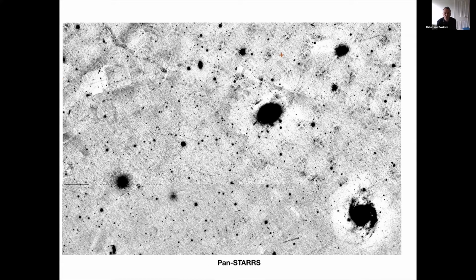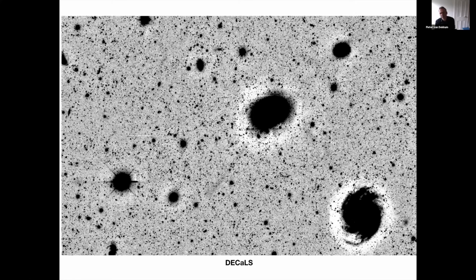It's meant to be good for point sources, but it shows you the difficulty with small detectors, right? To image a large area of the sky. This is about 1 degree on the side, and because you get this patching effect of the flat fielding errors, etc. And here's DECaLS, the same image as I started with, but then at low surface brightness.